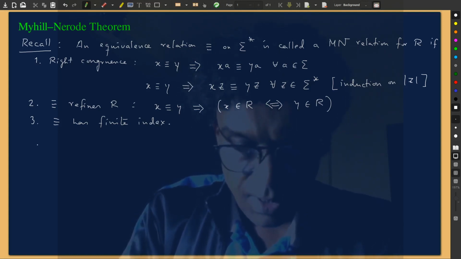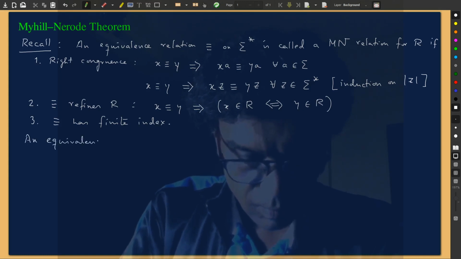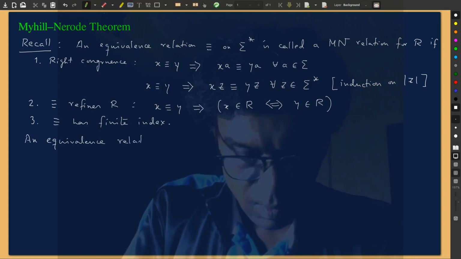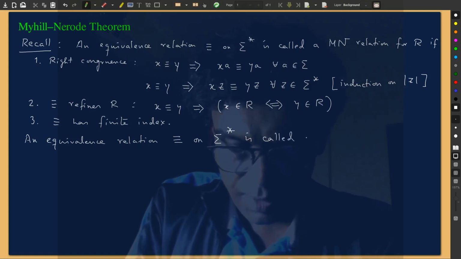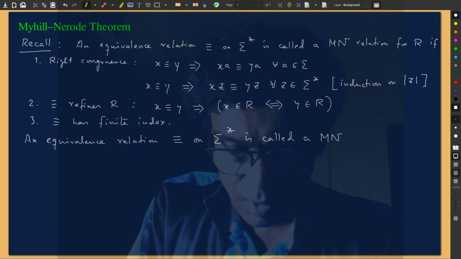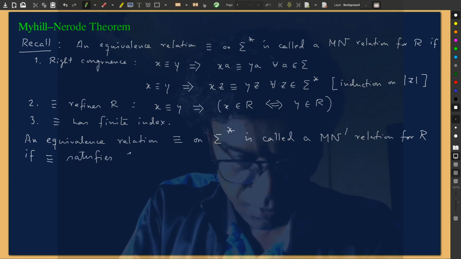Let us introduce a new thing. An equivalence relation on sigma star is called, let us say, a Myhill-Nerode prime relation for R if this relation satisfies 1 and 2.